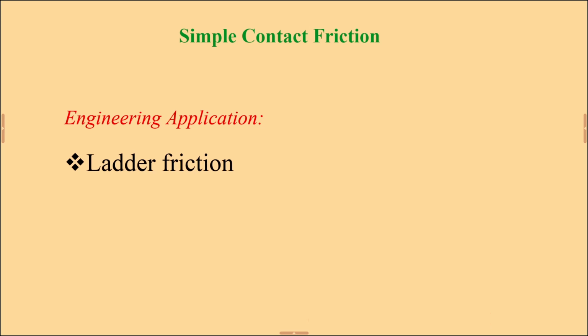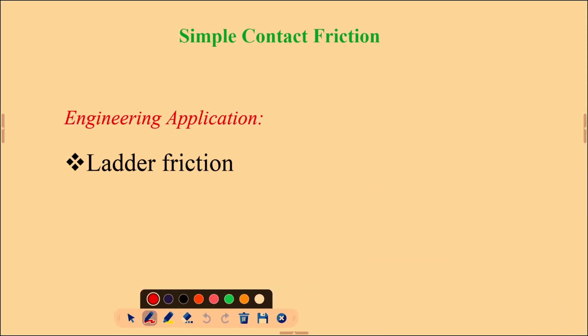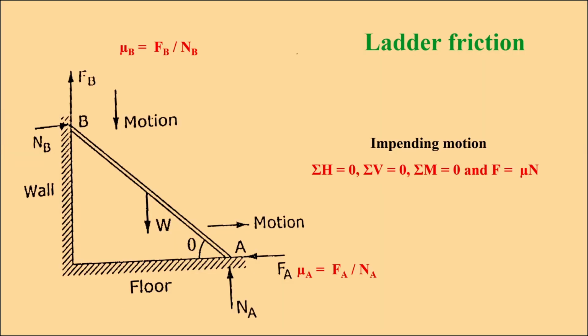We will see an engineering application, that is, the ladder. Normally, everybody uses a ladder to climb a wall or a staircase or whatever it may be. Assume this is the condition. Now, consider a ladder like this, leaning against the wall and the floor.